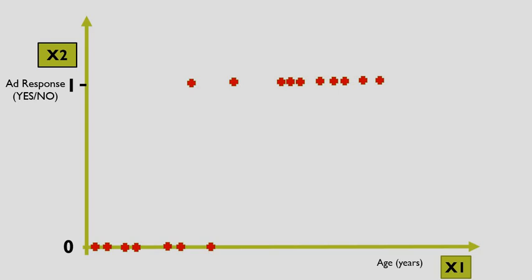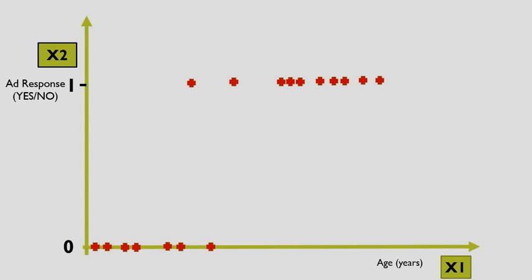So here, imagine you have a business case, and in that particular business case, a company is sending email advertisements to its subscribers or its clients. And it tries to predict whether an age group will indeed respond to its email advertisement or not.